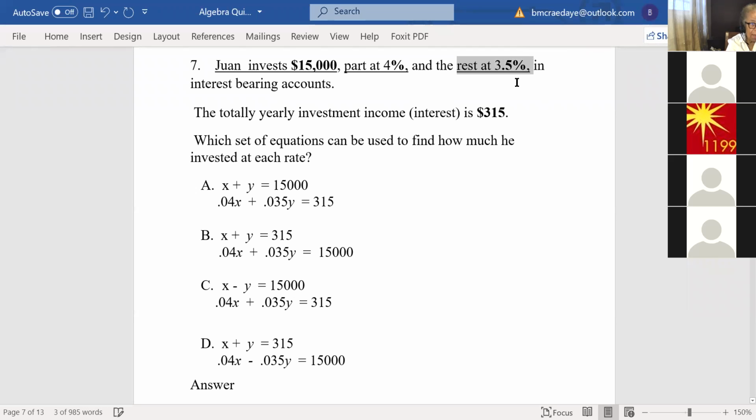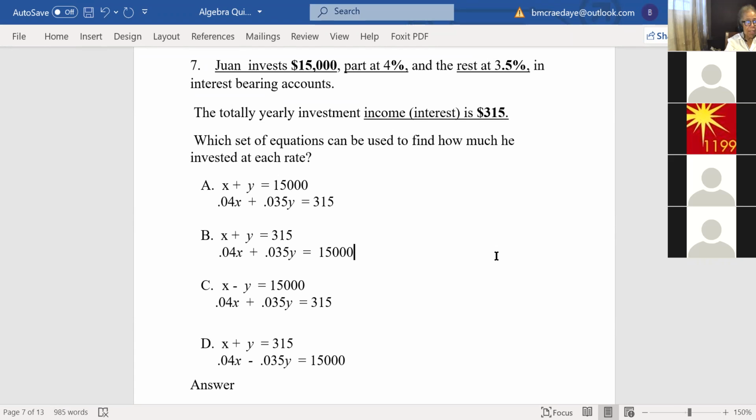And this one is the income that he made, $315. So those are your key things there. The interest is 315.